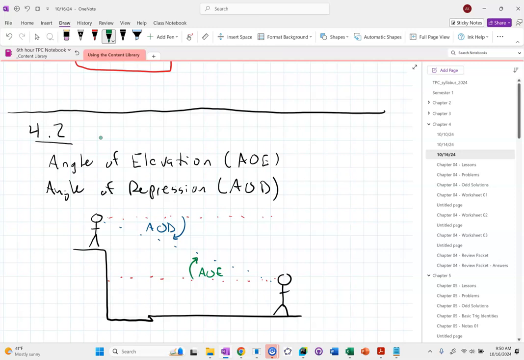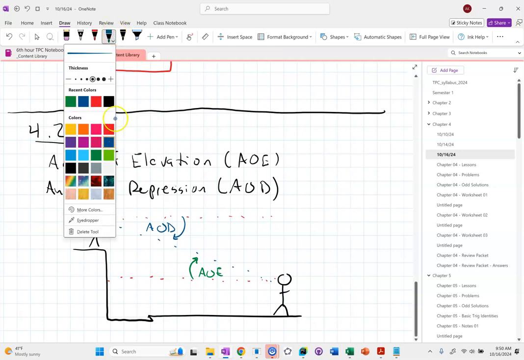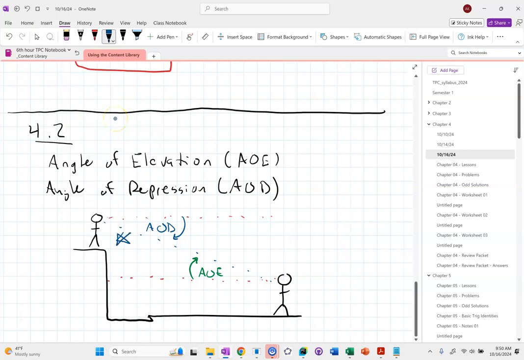What can I say about the angle of depression and this angle here that I've starred? They would be complementary. They add to give you 90 degrees.